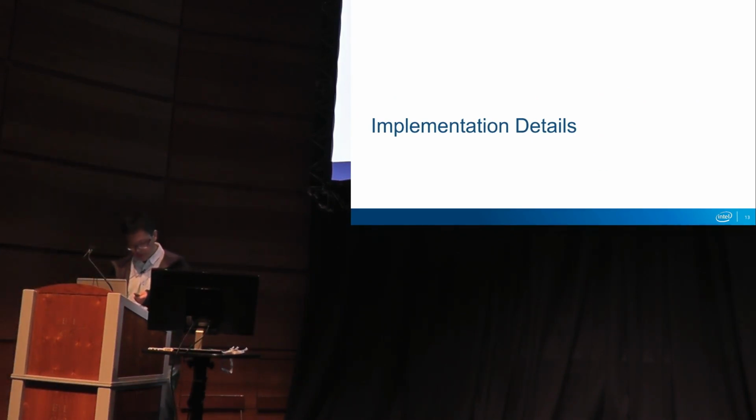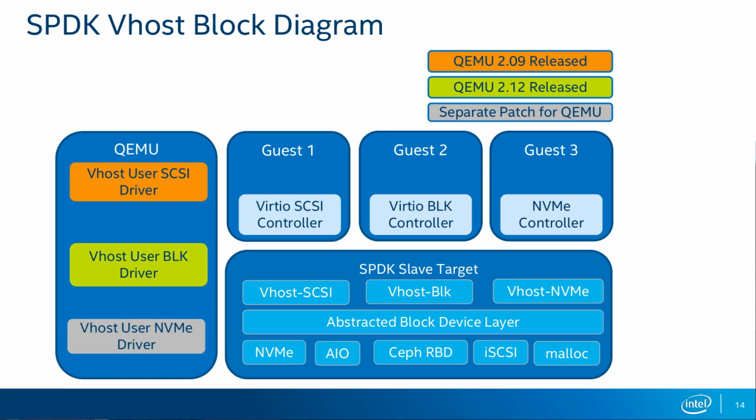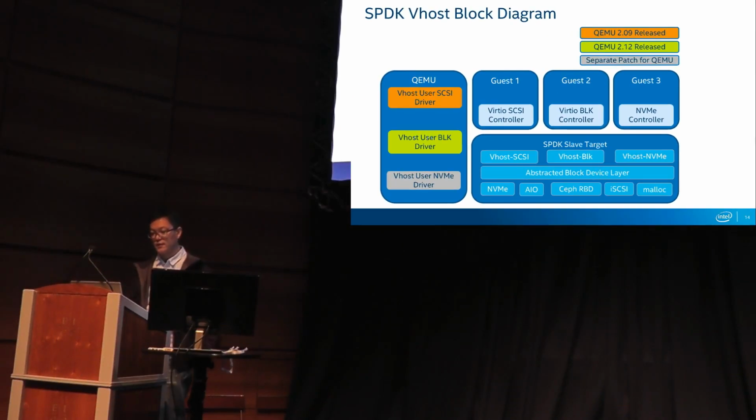Okay, I will go through the implementation details. This diagram shows that the SPDK vhost target can support three interfaces. The first one is virtio-scsi, the second is virtio-blk, and the third is the NVMe controller. You can start just one SPDK vhost target to support those different interfaces. For the QEMU part, you can use the inbox QEMU driver for vhost-user-scsi and vhost-user-blk.